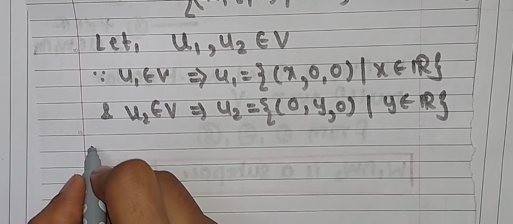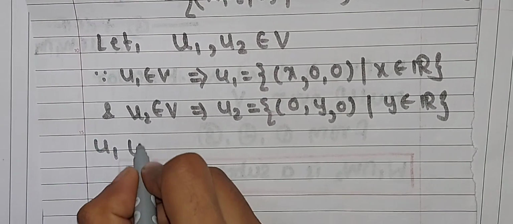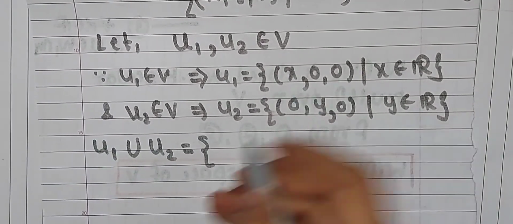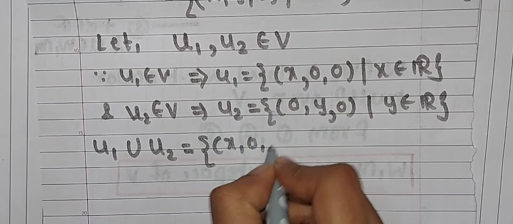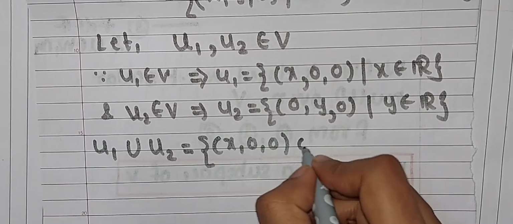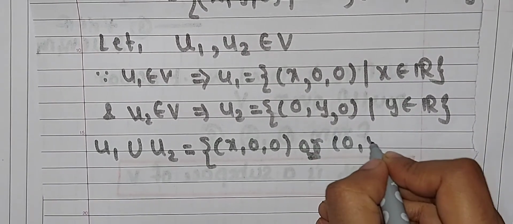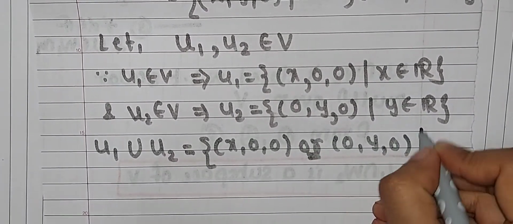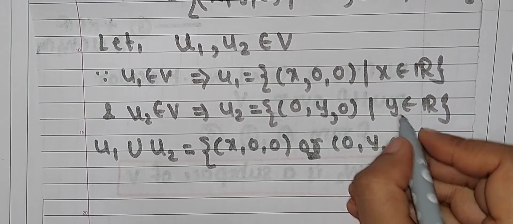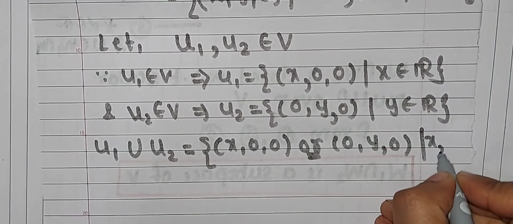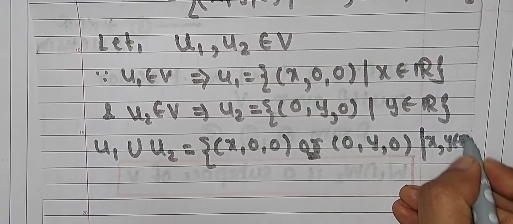For that purpose, just consider U1 union U2. That means this part, (X, 0, 0), union implies OR, and U2 means what? (0, Y, 0), such that X belongs to the real numbers and Y belongs to the real numbers.